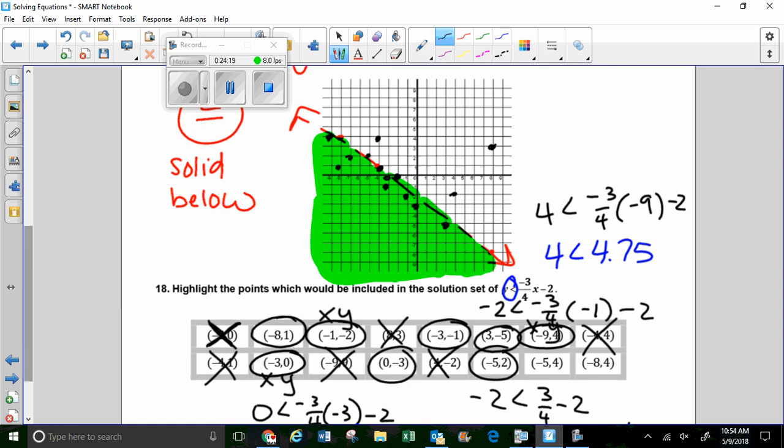That would be outside. And then -5, 4. That's outside. And -8, 4, 1, 2, 3, 4, on the dashed line. So that's not a solution. So our only solutions are those 6 ordered pairs.